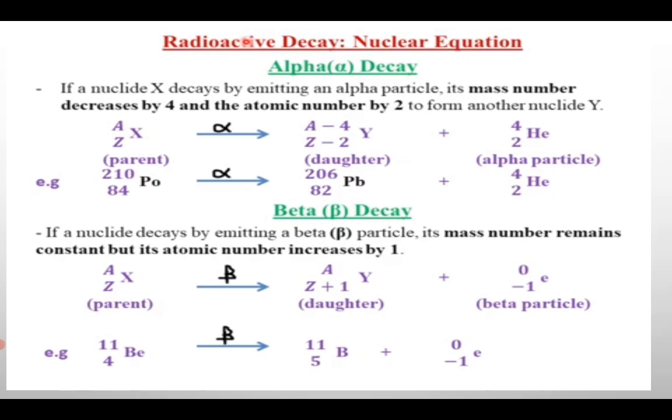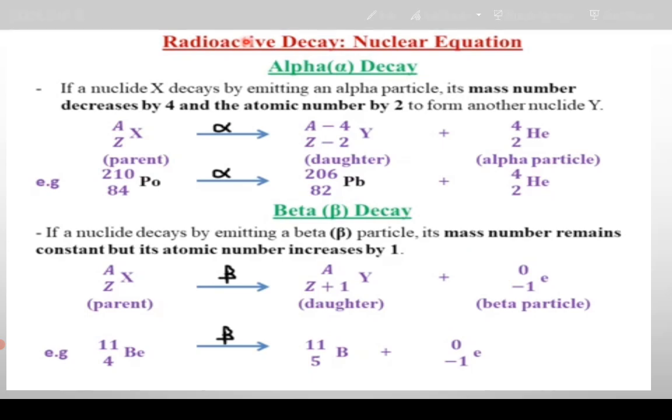All right, let's look at a specific example of a beta decay. Suppose an element such as beryllium emits a beta particle. Like we said, we are taking away beta, whose mass is 0. That means the new mass is going to be 11 minus 0. Therefore, the mass remains the same, but its atomic number is going to increase by 1, so it will be 5.